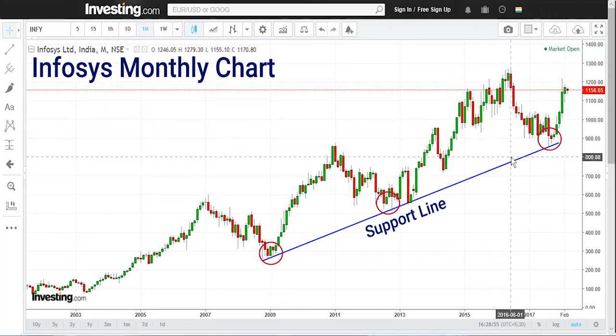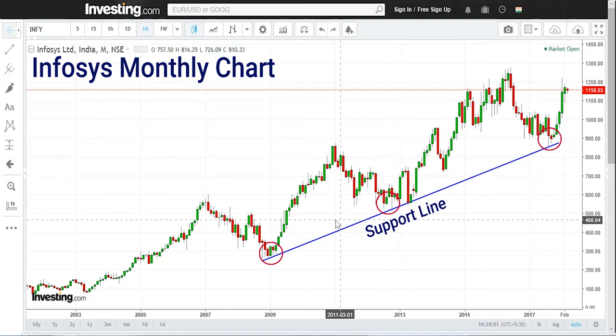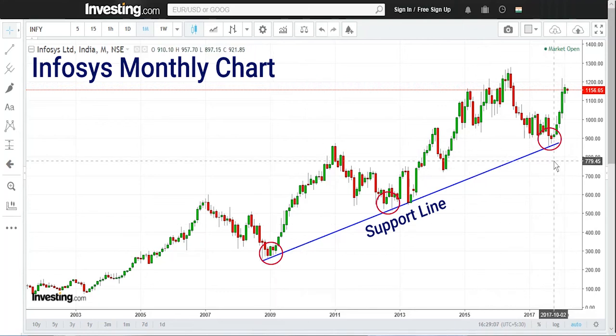So here the trend line was validated this way. So that is the most important fact about the trend line. If the trend line is very long term, it acts as a very good support or resistance when we are taking care of them.